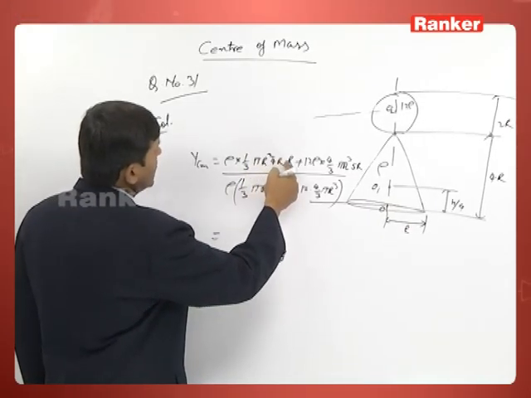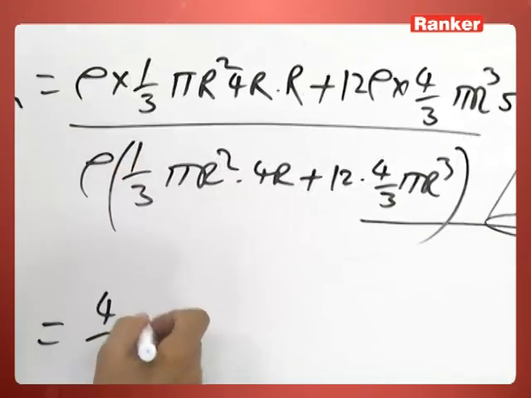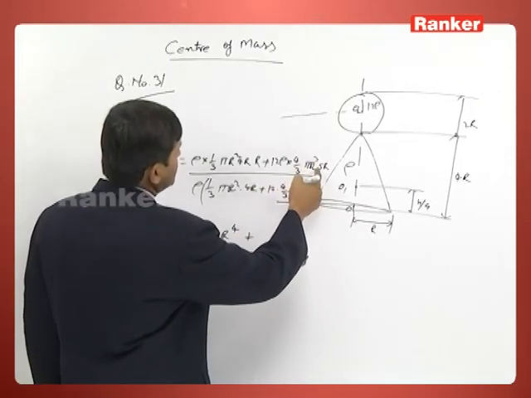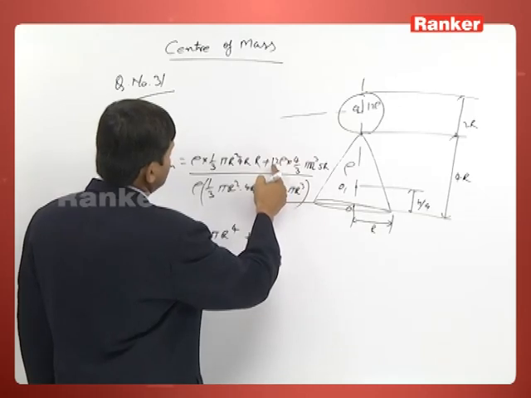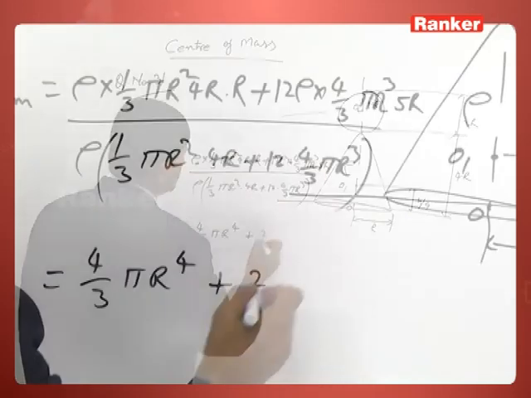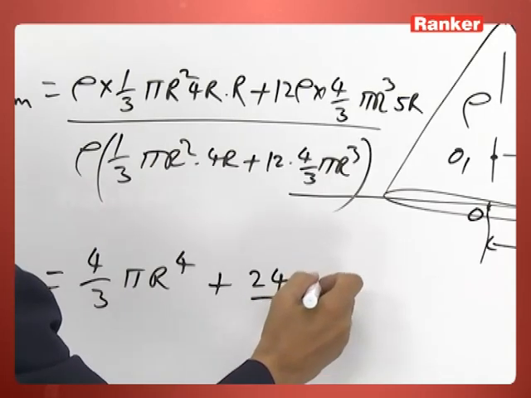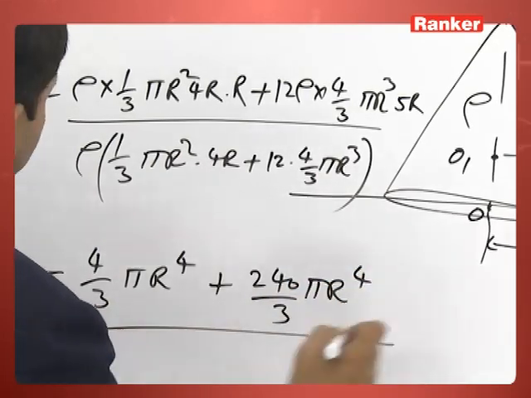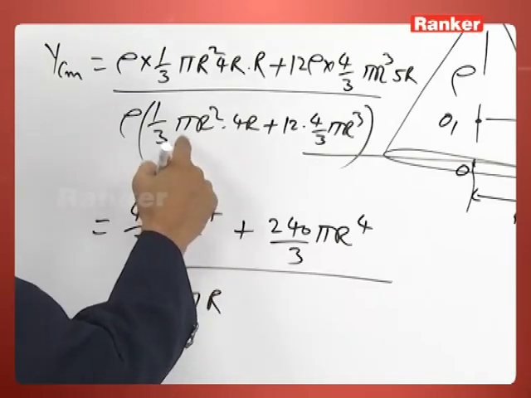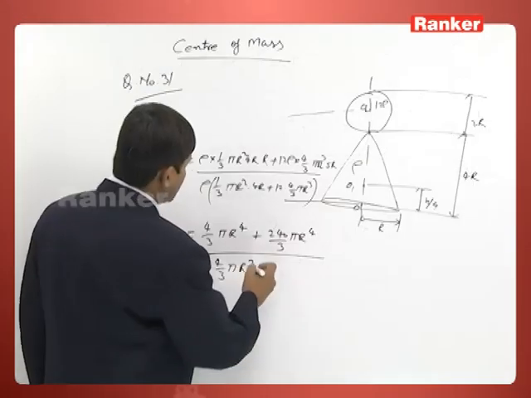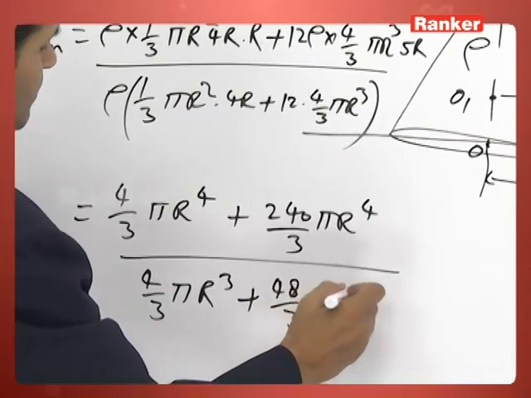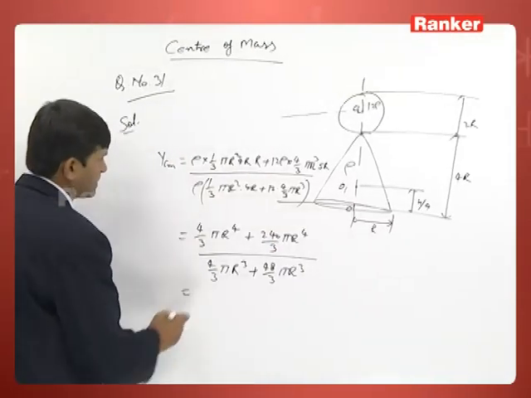So this is 4r to the power 4, so 4 by 3 pi r to the power 4, plus 240 by 3 pi r to the power 4, divided by 4 by 3 pi r cubed plus 48 by 3 pi r cubed. Now simplify further.